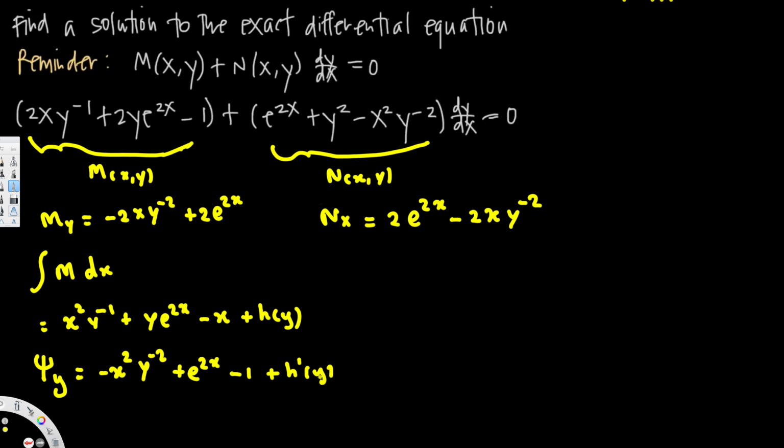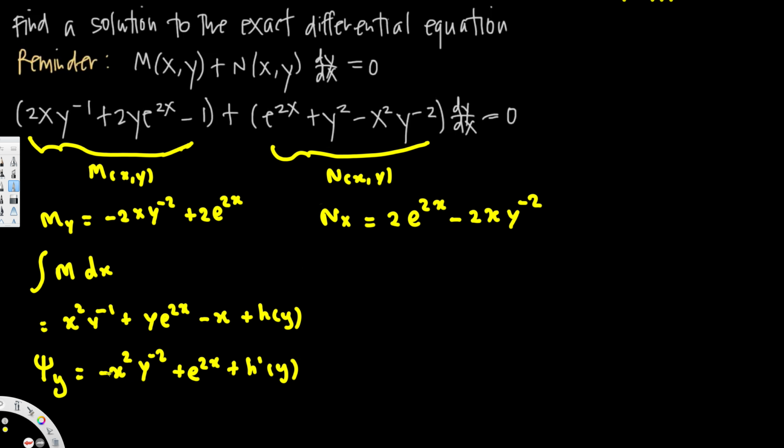So this is what we are having. I'm finding the derivative with respect to y. This is constant, this is 0, right? So we put plus h prime y. So this is going to be the derivative of this one with respect to y.